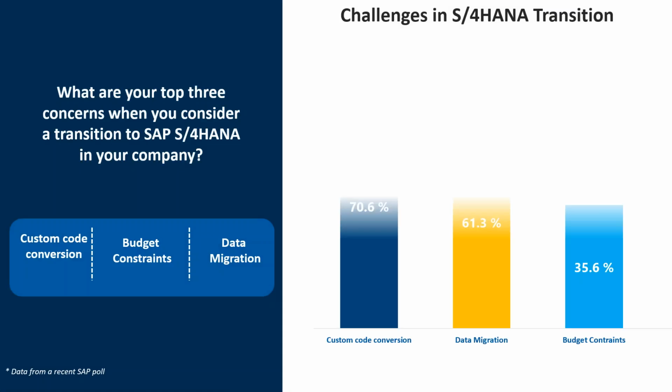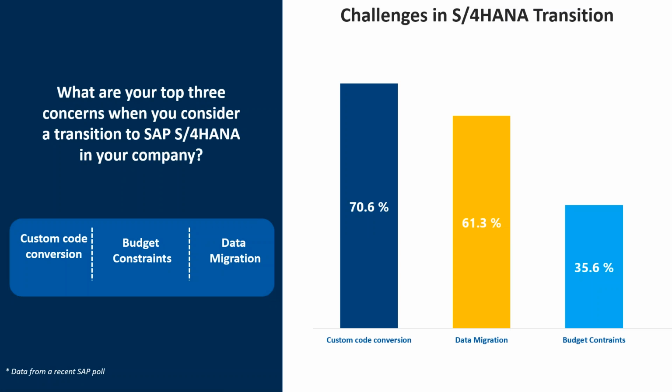While S4HANA provides a lot of value drivers, there are also challenges involved in moving your current ERP to S4HANA. SAP recently did a poll asking the customers, what are the top 3 concerns when you move to S4HANA? The result: 70% of the customers responded saying custom code conversion is one of the key major concerns.